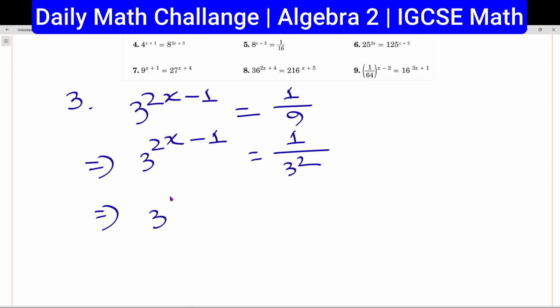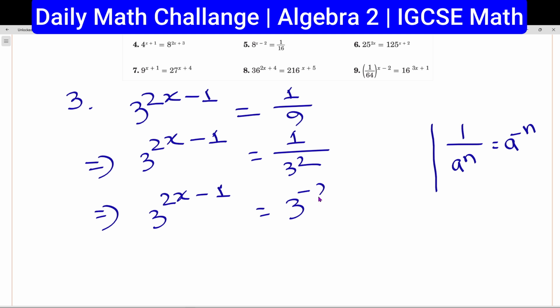Now as per negative exponent, 1 divided by a to the power n we can write a to the power minus n. So this one is 3 to the power minus 2. Now bases are the same, so powers will be equal, so we can write 2x minus 1 equals minus 2.